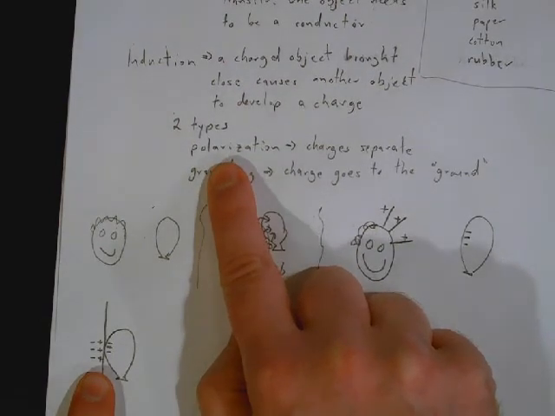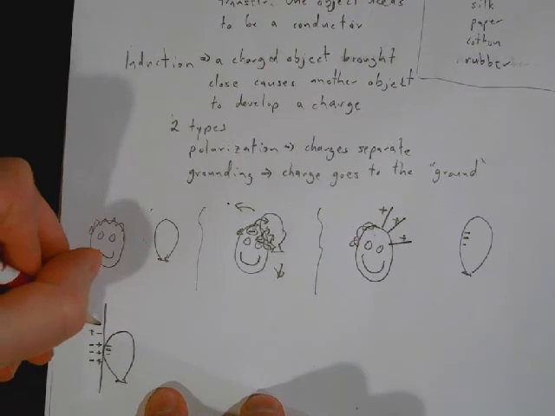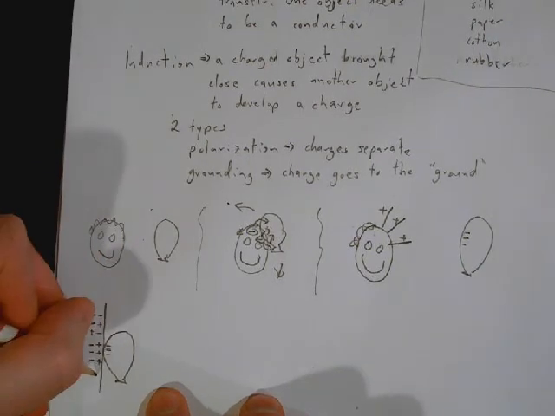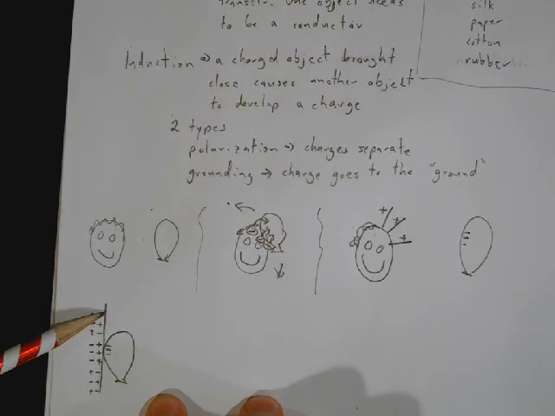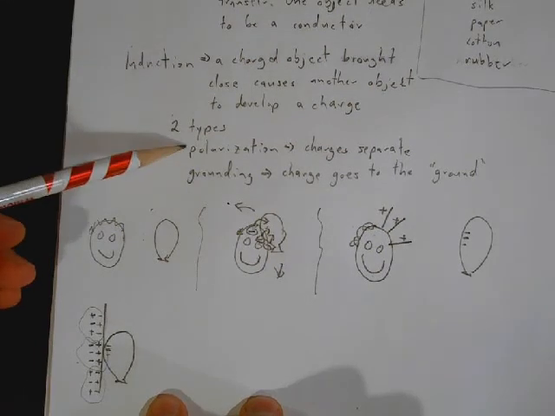This separation is called polarized. I polarized the charge right there. Away from the balloon, it's all positives and negatives throughout. So this part is neutral, this part is neutral, but this part I have polarized.